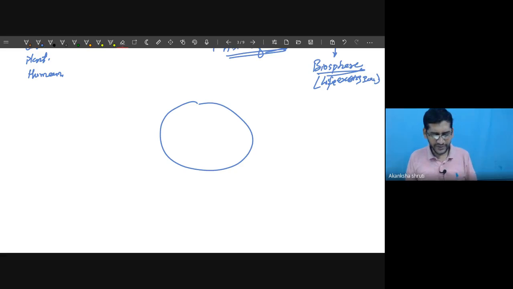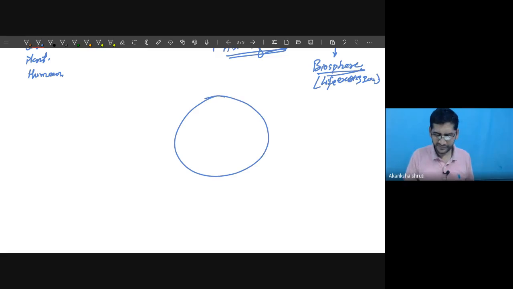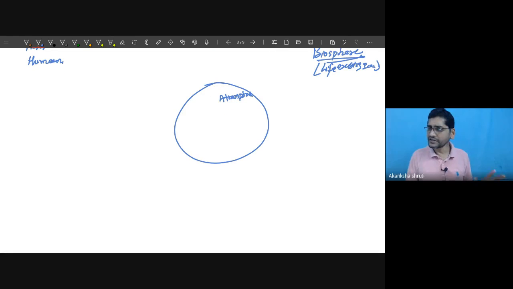Let me denote the atmosphere by a circle. So this is the atmosphere. The atmosphere exists around the earth, but the earth itself has water as well as hard land.